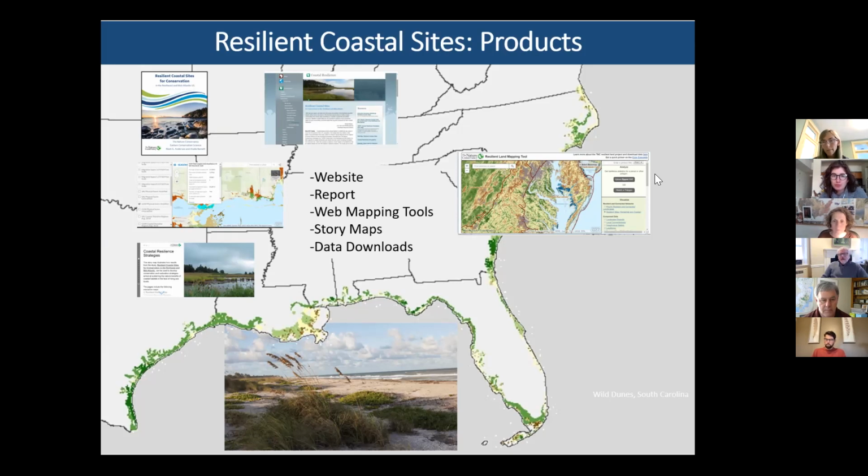There are great story maps that go through how this tool can be used, and also places where you can directly download the data. You also have the ability to upload parcel shape files into the tool to do analytics with the web-based mapping tool.